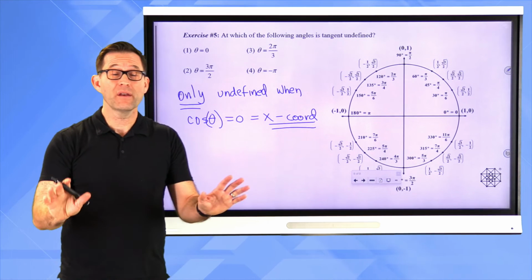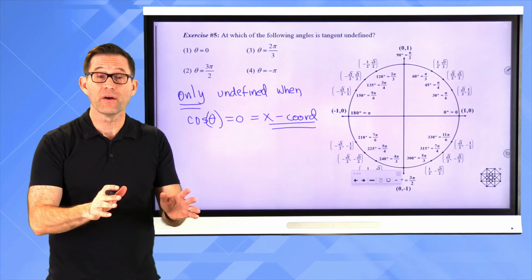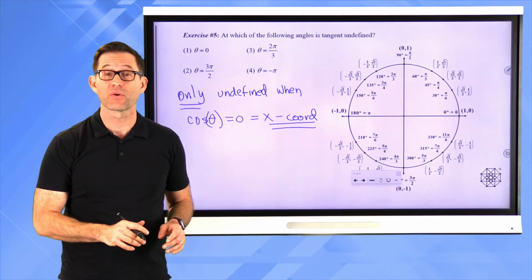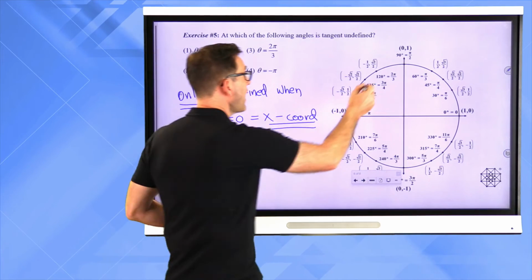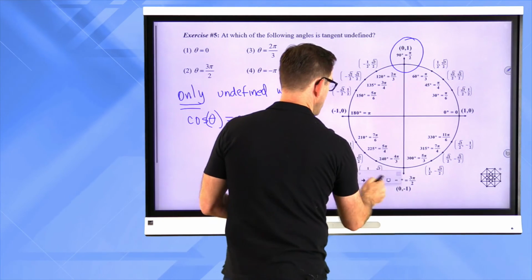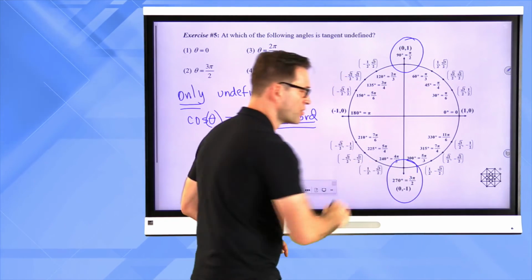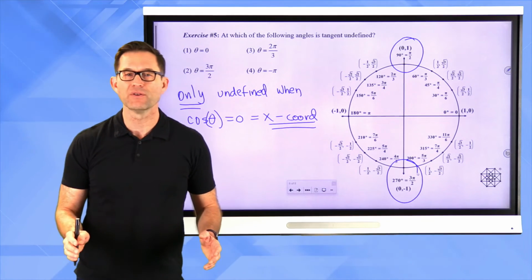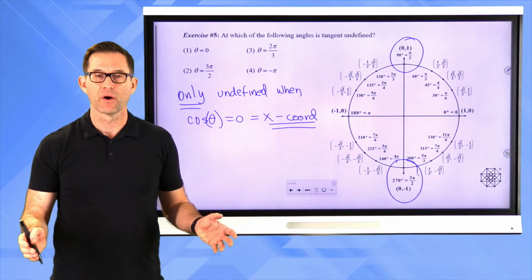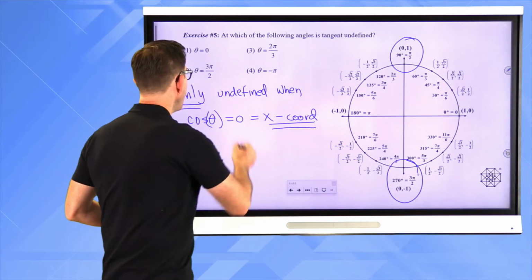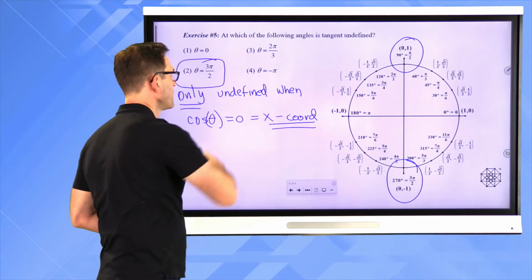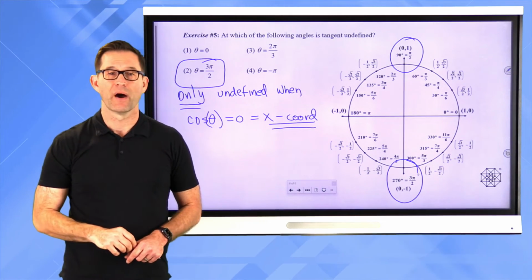So tangent is only going to be undefined when cosine theta, which is the x-coordinate on the unit circle, is equal to 0. That only happens at the top of the circle, whoops, and at the bottom of the circle, right? Those are the only 2 locations where cosine theta could be 0, and that then leaves us with the choice theta equals 3 pi over 2.